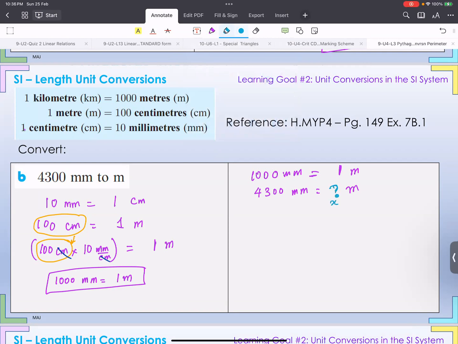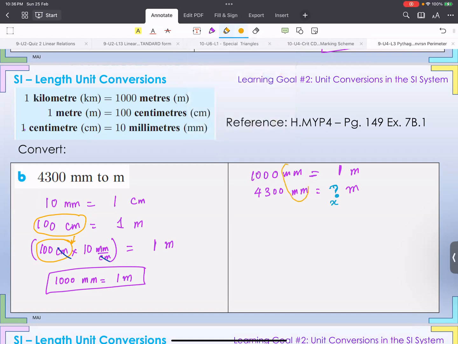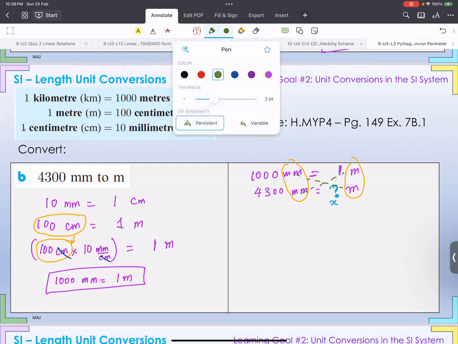And call it X. Okay, so to remind you, you have to have these lined up. Only if you line them up can you set up the ratio, or you can just directly do the crisscross method.